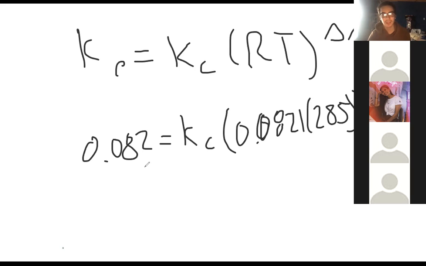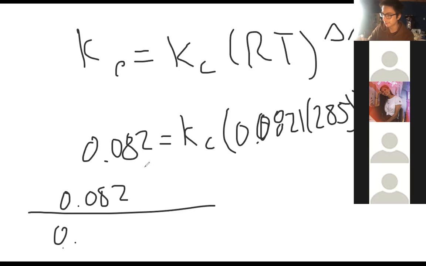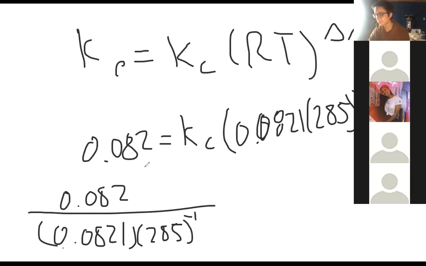So we could do some algebra, divide both sides by this portion, and we end up with 0.082 divided by 0.0821 times 285 to the -1 equal to Kc.